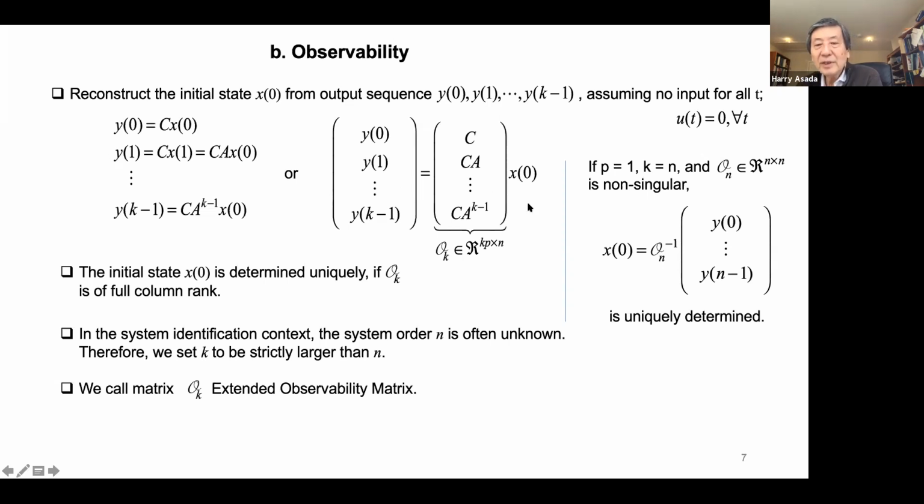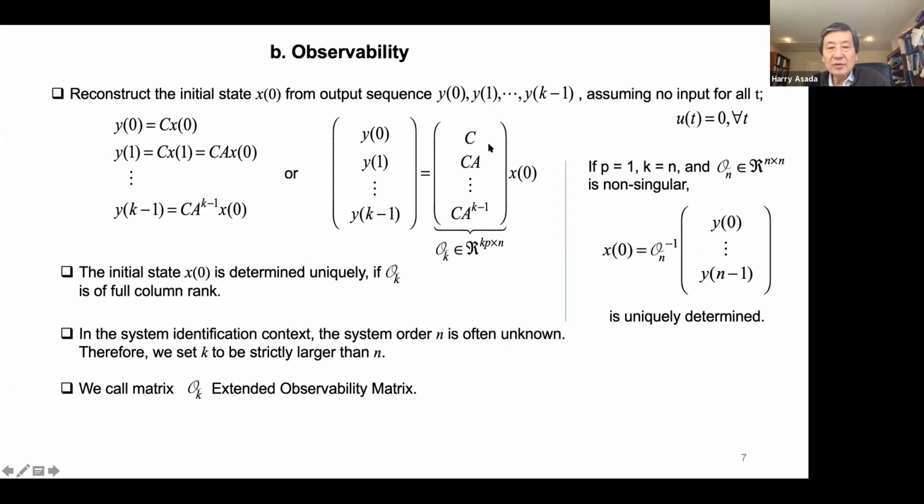Now, just a simple case: suppose the output is scalar, so the dimension of output y, p, is 1. And we just pick n output observations, where n is actually the dimension of the state.